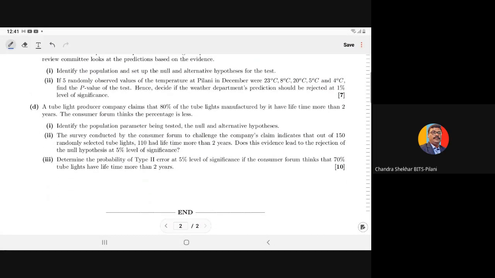Then determine the probability of type 2 error at 5% level of significance if the consumer firm thinks that 70% of tube lights have a lifetime of more than 2 years.